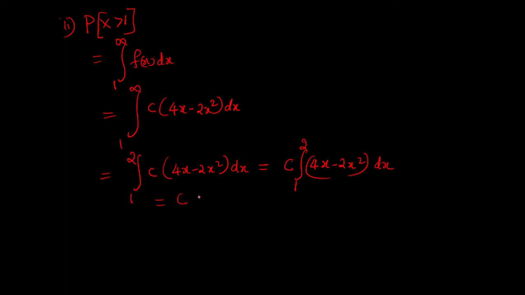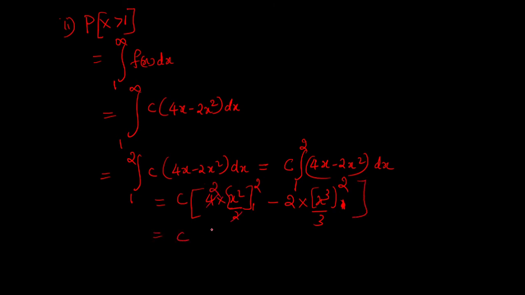This is equal to c into integral 4x is 4 into x square by 2, which is limits 1 to 2, minus 2 into integral x square dx, that is x cube by 3, which is the limits 1 to 2, that is equal to 2 into 2 square minus 1, that is 4 minus 1 is 3, minus 2 by 3 into 2 cube minus 1, that is 8 minus 1.